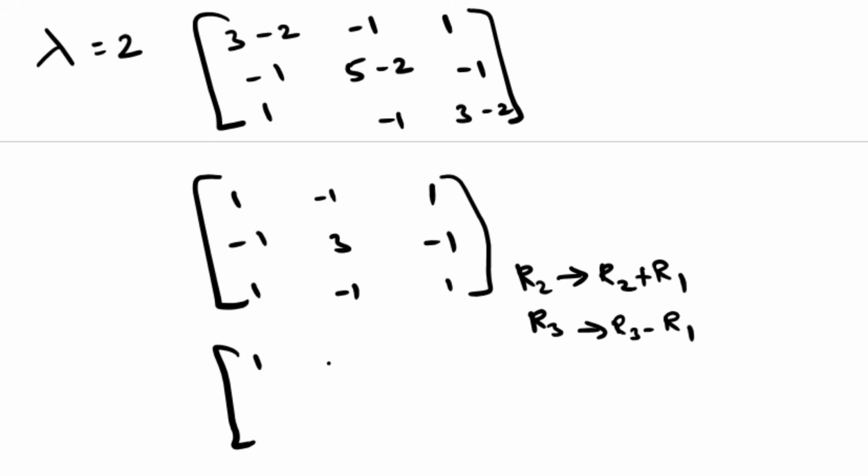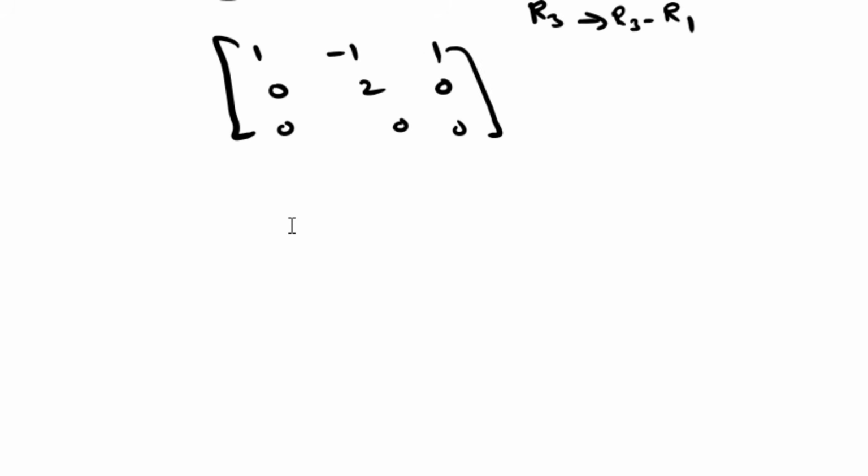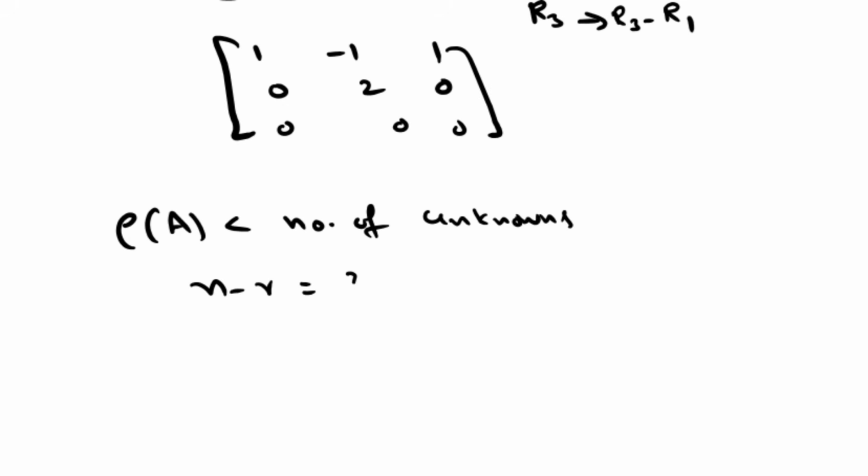Row 1 will be as it is, and the other rows are 0 2 0, 0 0 0. Then the rank of the matrix A is less than the number of unknowns, and n minus r is equal to 3 minus 2 equals 1.